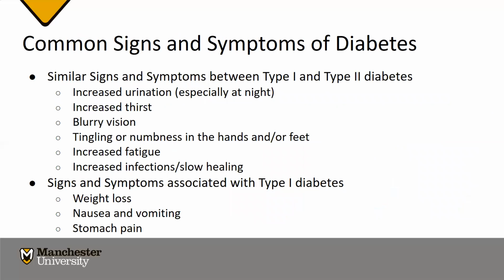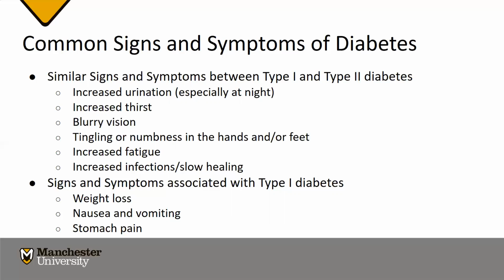So some common signs and symptoms of diabetes. If you get a patient that comes into the pharmacy and explains some of these symptoms here, maybe you could lead them down the path of getting checked out by their doctor for potentially having diabetes. So you see increases in urination, thirst, you get increased fatigue, you get increased infections, or maybe you notice a cut isn't healing as quick as it normally would.